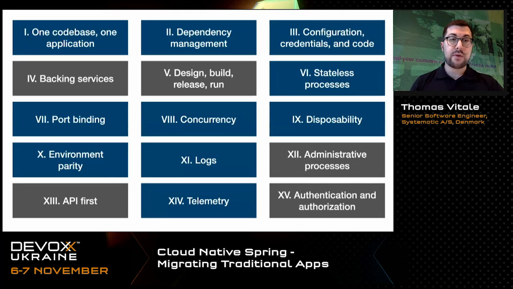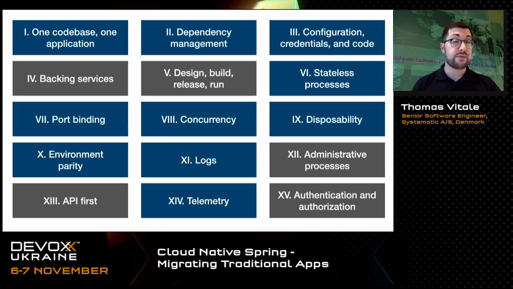For example, we talked about the code base, and that shouldn't contain the configuration. We talked about dependency management, meaning that we want the application to declare its own dependencies, like we have in Gradle, but we also don't want external dependencies on the application server.